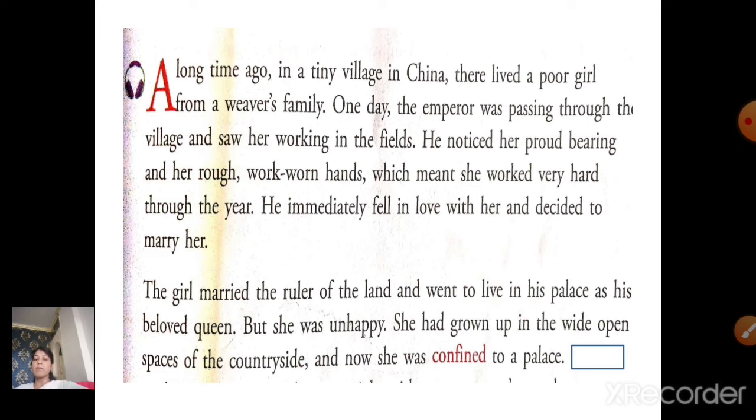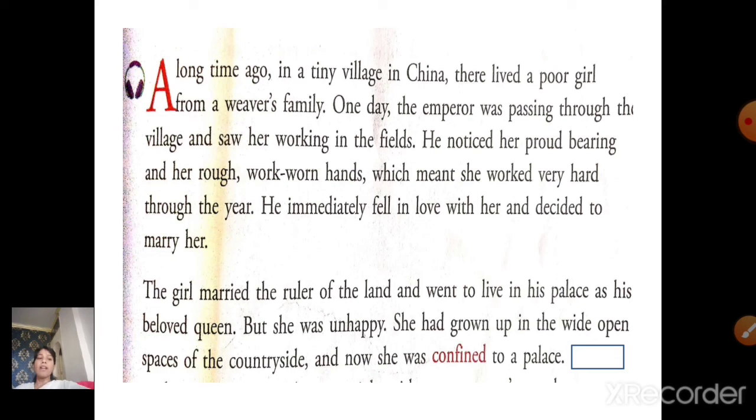Okay children, now I will explain this part of the lesson. In a tiny village in China, there lived a poor girl whose entire family was engaged in weaving business. One day, as she was working in the fields, the emperor, now emperor means a person who rules many states or countries, who was passing by saw her. The emperor noticed the way she worked in the fields and also saw how her hands had become rough because of the hard work she did throughout the year.